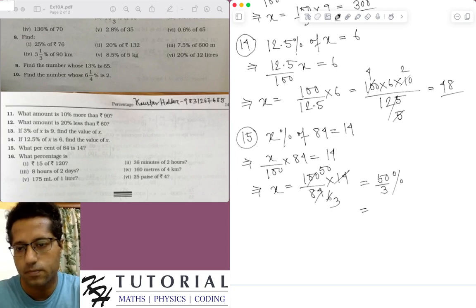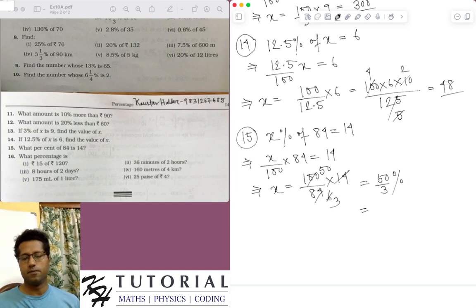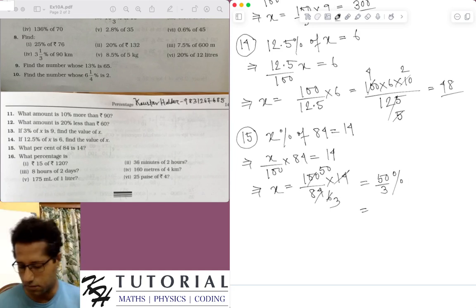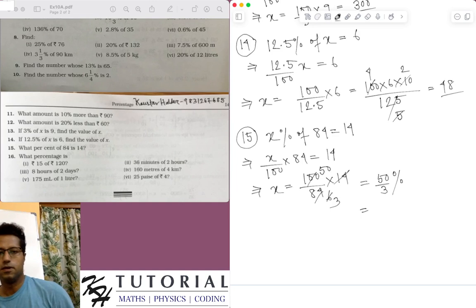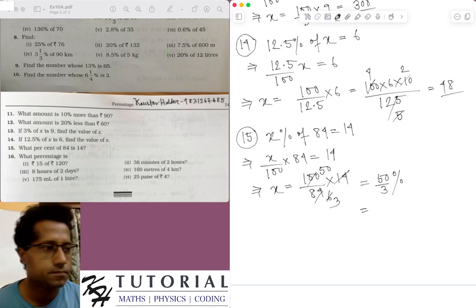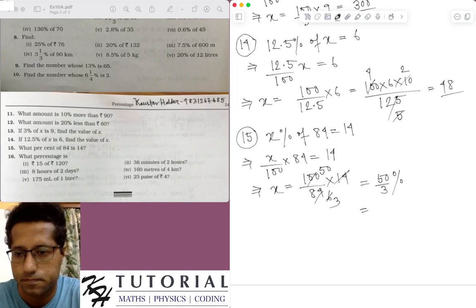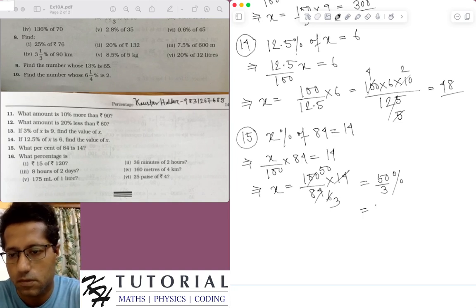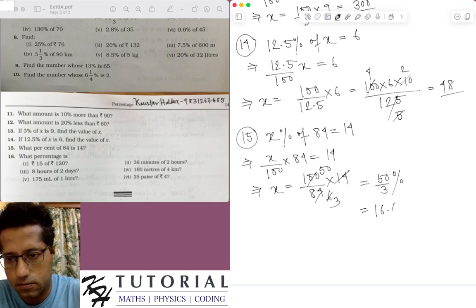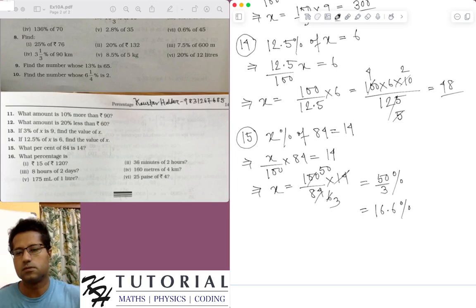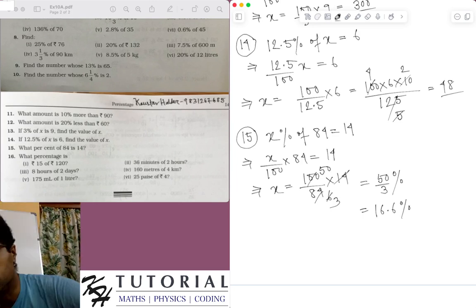This equals, usually we express the percentage value as a decimal. So 50 by 3 is 16.6 percentage.